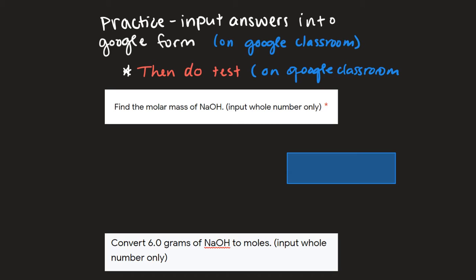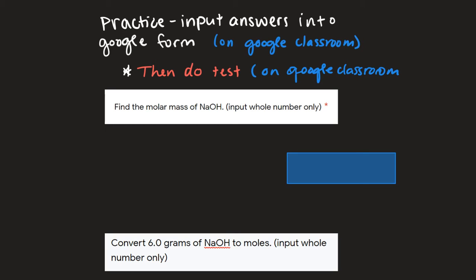I have included this practice form for the Google form. You have two assignments posted onto Google Classroom. We have a practice Google form and a test Google form. What I'm doing right now is the practice. As I am going over this, I would like you to have a sheet of paper out in front of you and follow along.